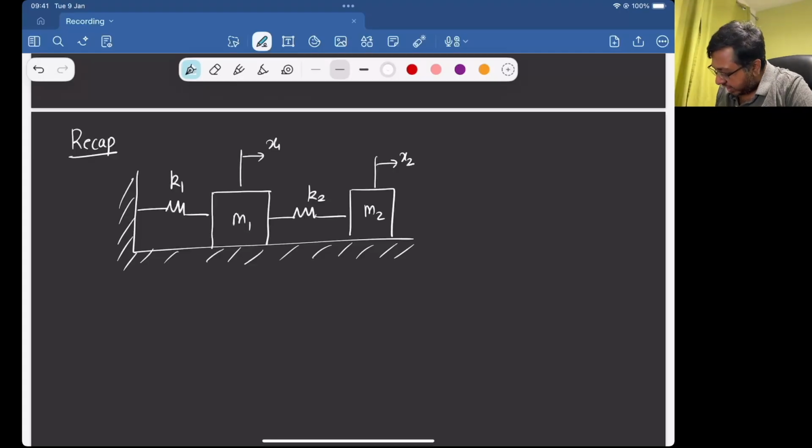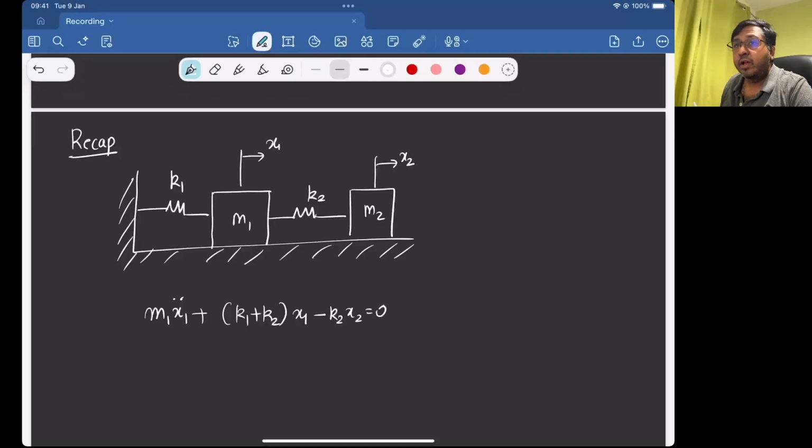And we eventually derived that the equation of motion for this system is m1 x1 double dot plus (k1 plus k2) into x1 minus k2 into x2 equal to 0, and m2 x2 double dot minus k2 x1 plus k2 x2 equal to 0.